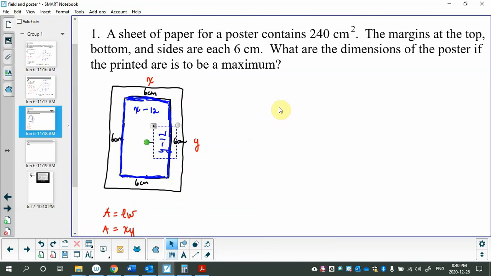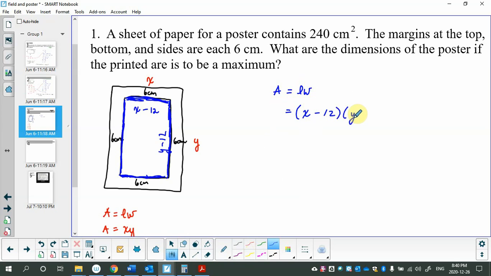So what I want to maximize is a different area. And I shouldn't have put X times Y. I should have put length times width. And here's the length. And here's the width in whichever order you feel like. And that is what I want to maximize.